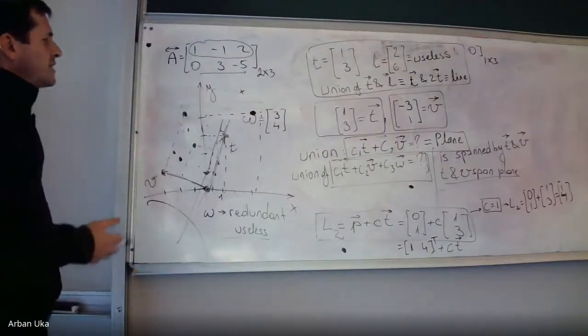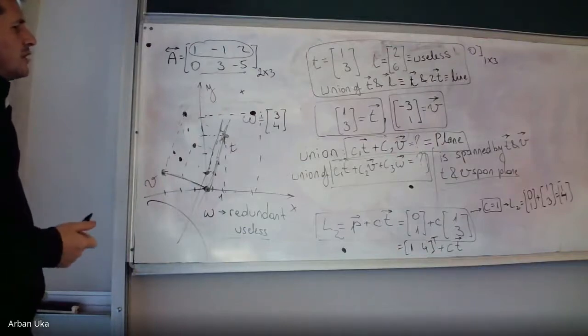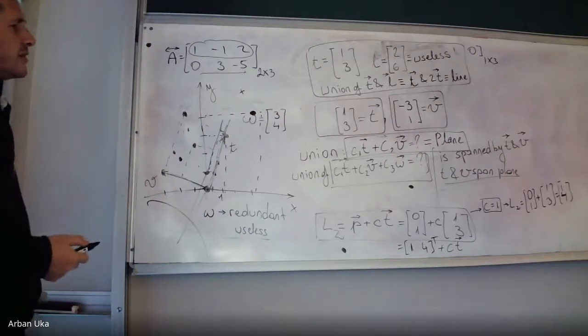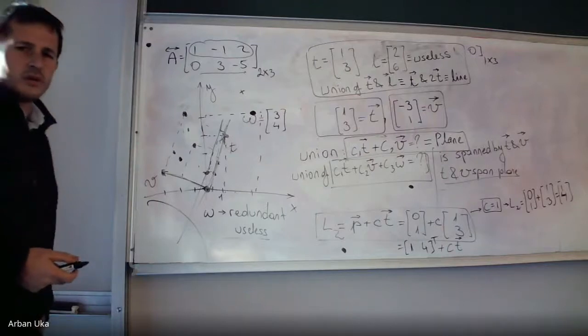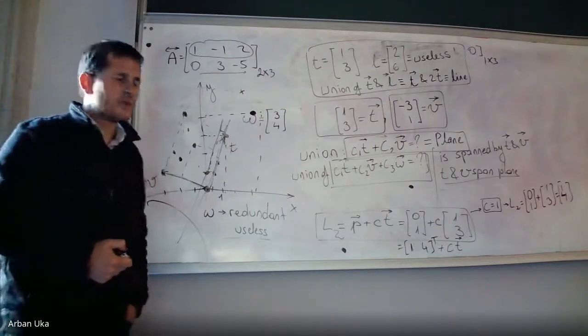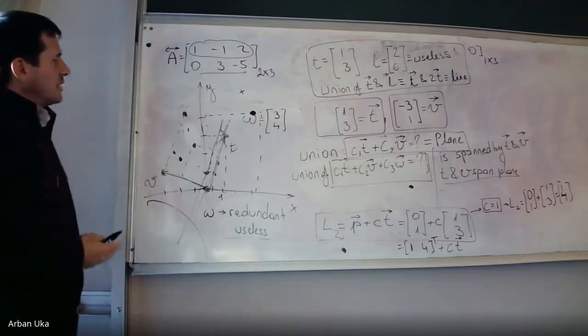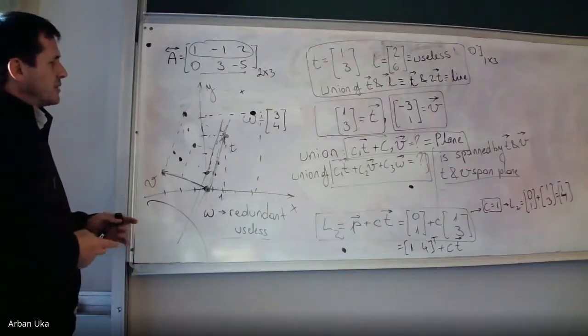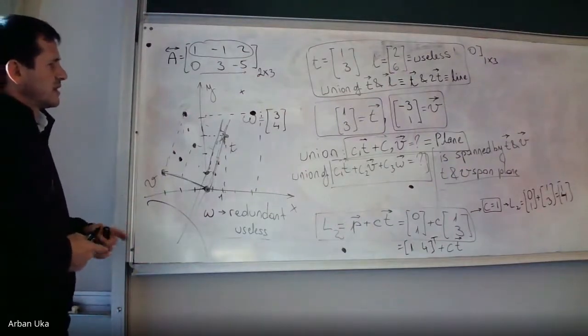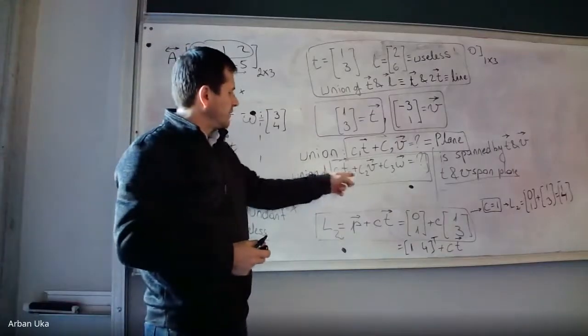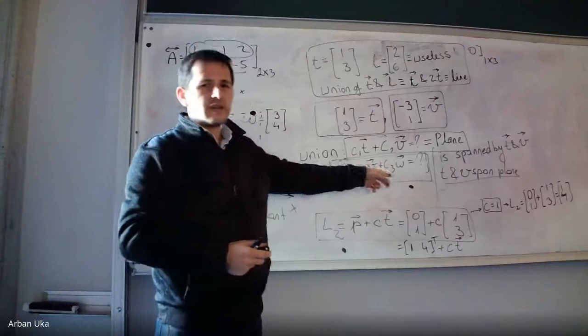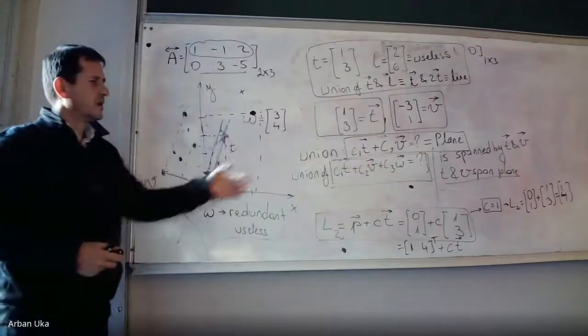So from this discussion of vectors, we are also getting a feeling of the concepts of space or dimensions of space. With these few examples, it could be clear that at this moment, the union of C1T plus C2V plus C3W is still the whiteboard.